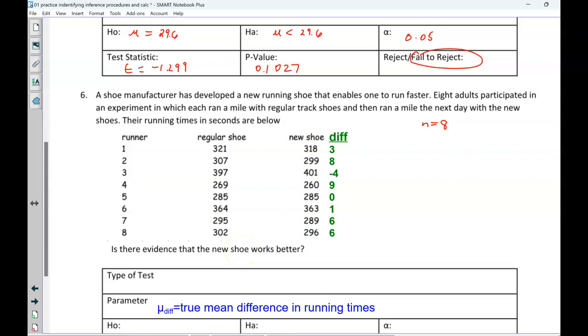So first of all, since it's the same runner doing before and after, regular shoe versus new shoe, it's linked together. Also, we know time is a quantifiable measure, so this would be a matched pair t.